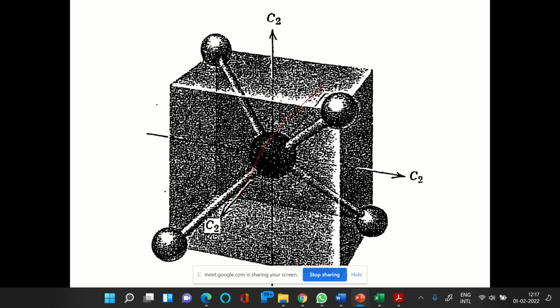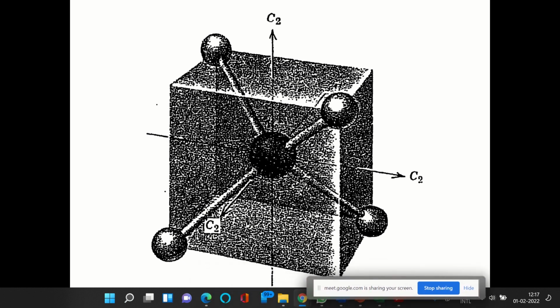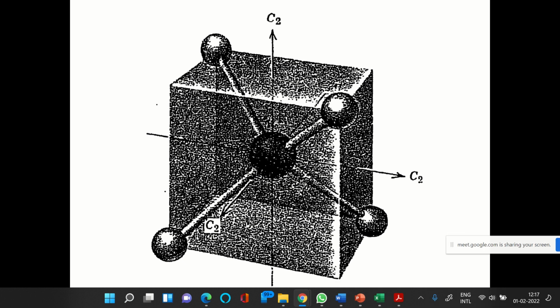This is easy to visualize. Visualizing the C2 axis in a tetrahedron geometry becomes easier when you see it as a special case.